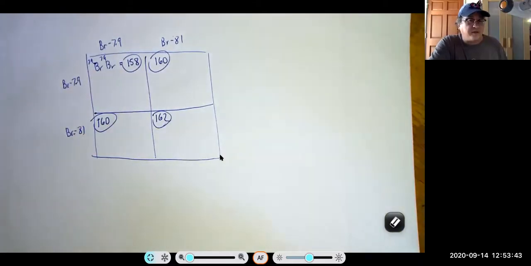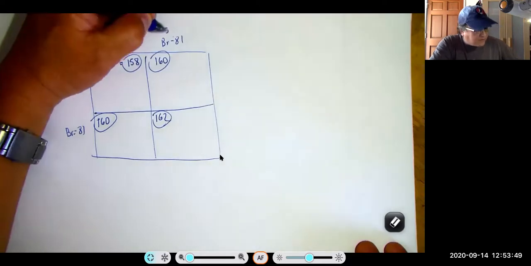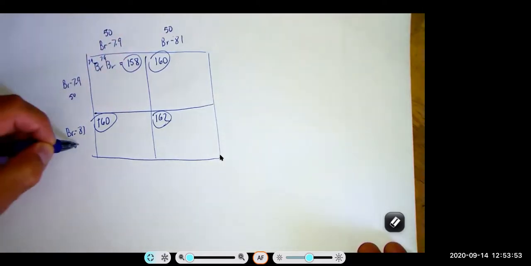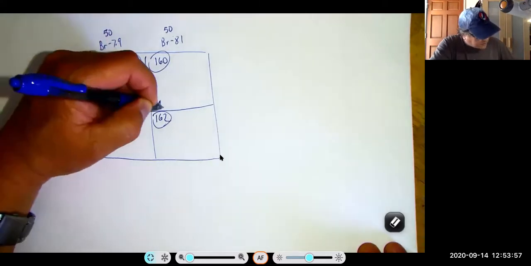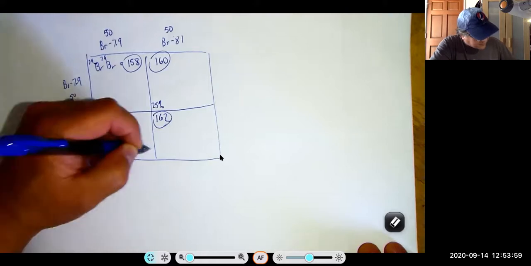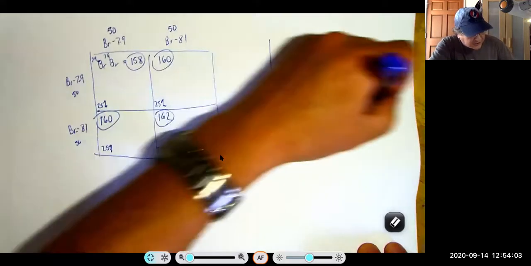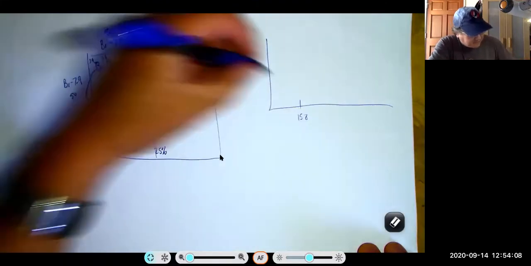Now, with Mendelian genetics, your chances of being a 79 or an 81 are 50-50. So when we do these multiplications, this ends up being 25%, 25%, 25%, 25%. So according to Mendelian genetics, your 158 would be 25% of the time.